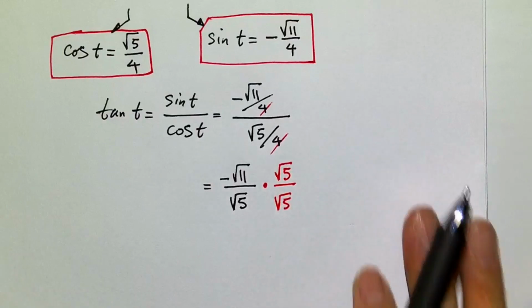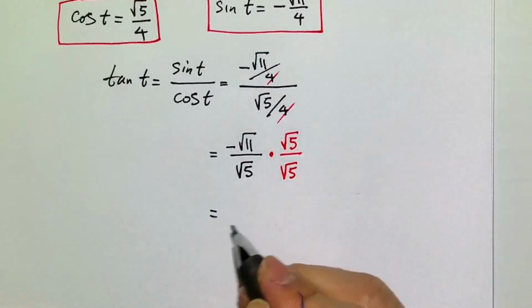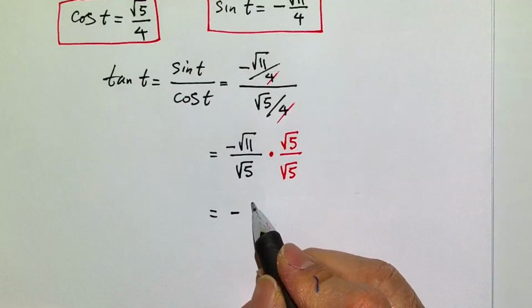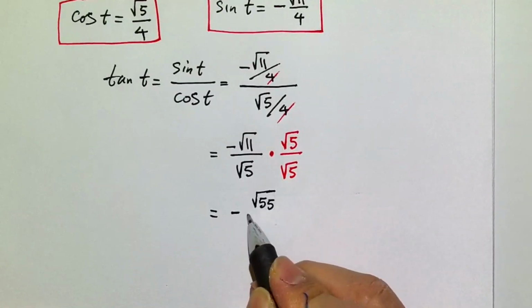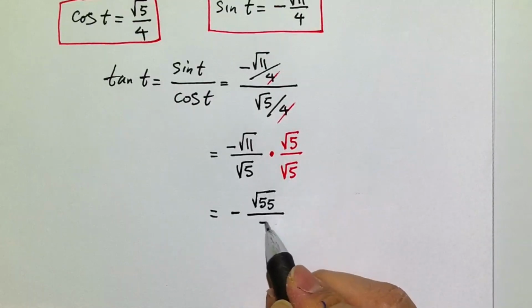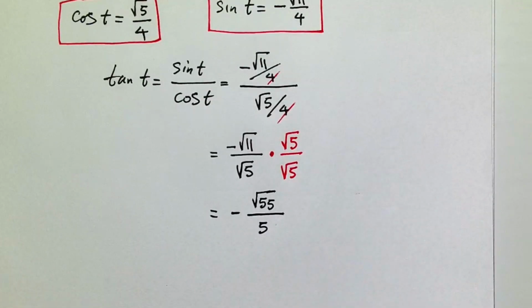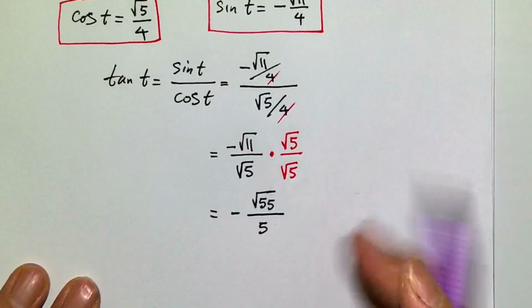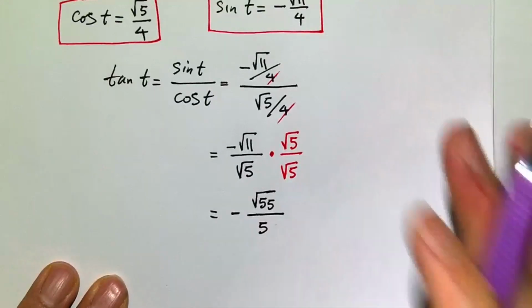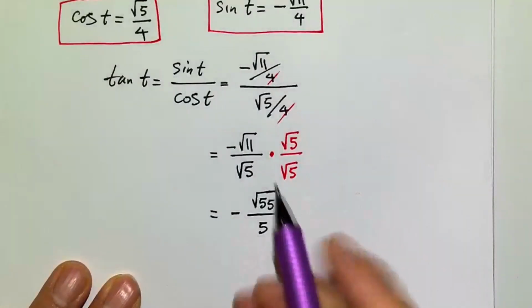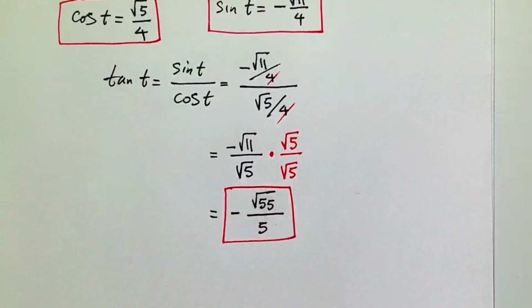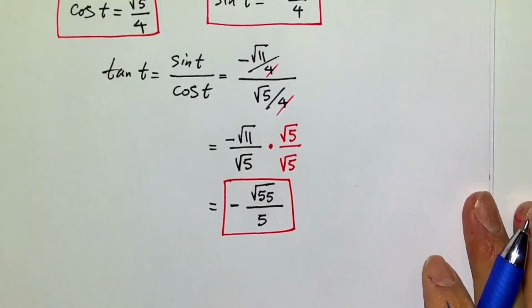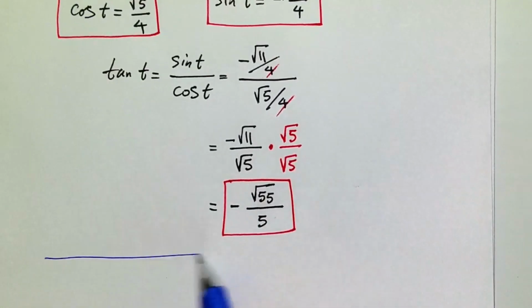Then we have minus square root of 55 divided by 5. Okay? So that is the value of tangent of that terminal point.